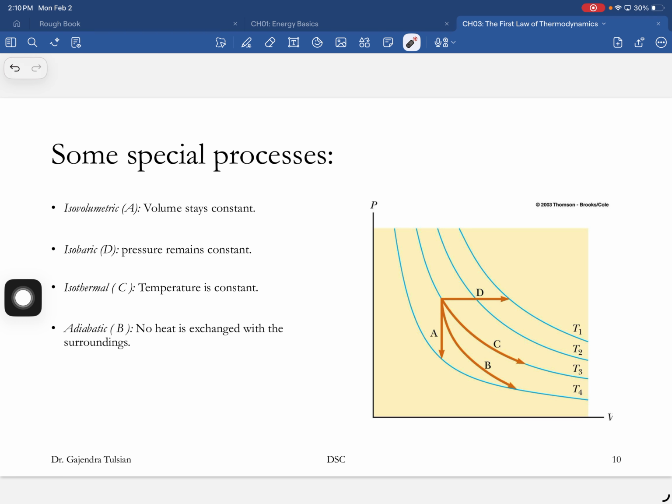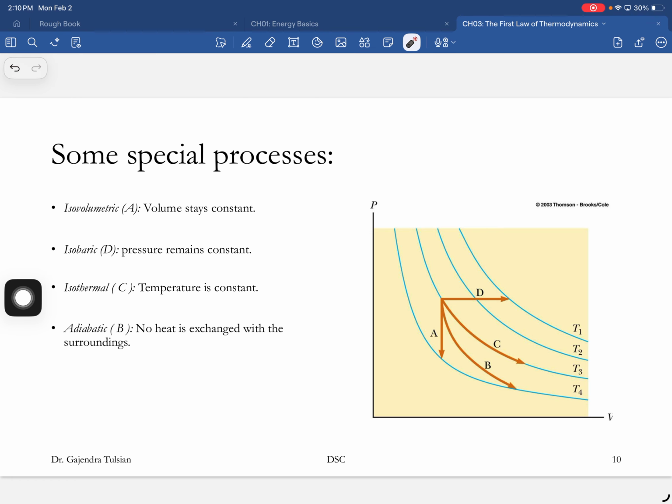The integral of that is log V, and then you apply the limits. So the work done is nRT natural log of V final over V initial. So this area is equal to that. That was easy to calculate.